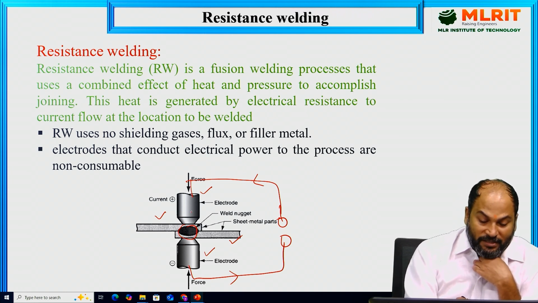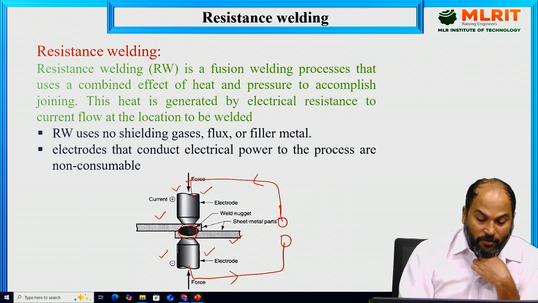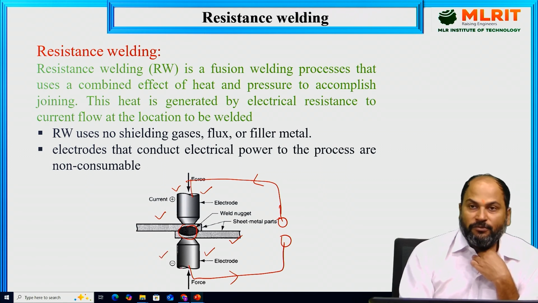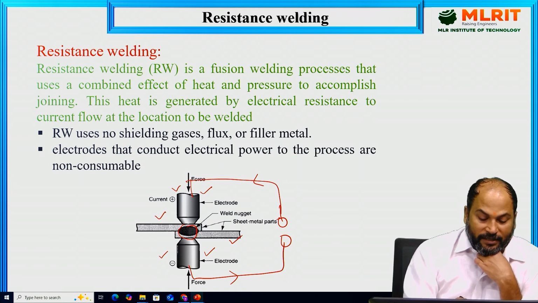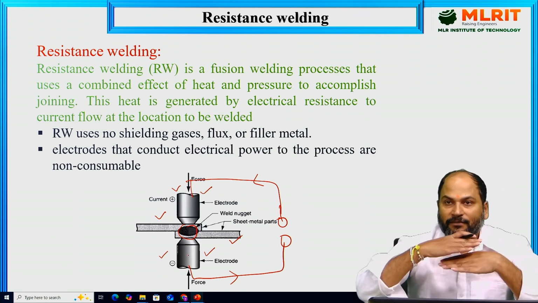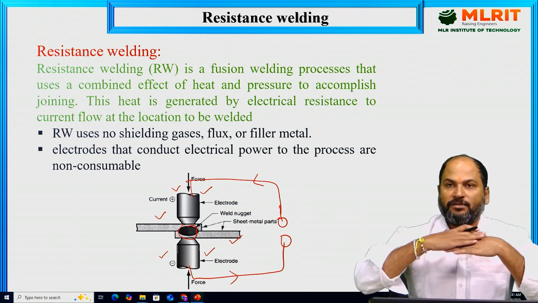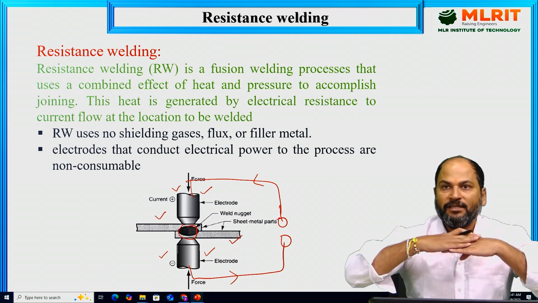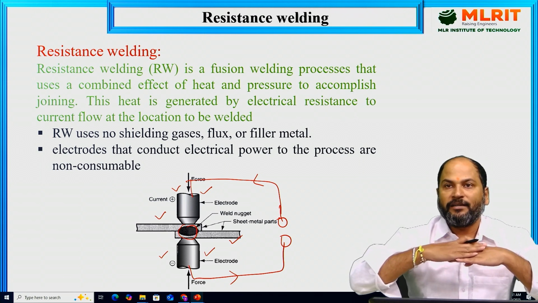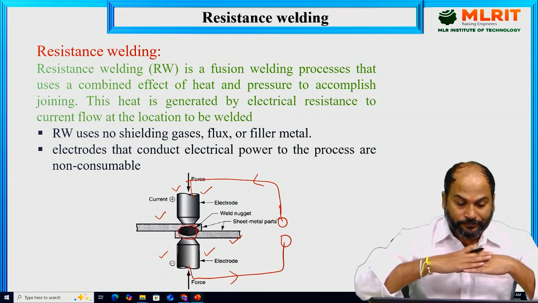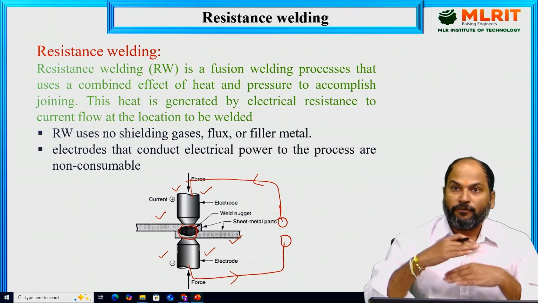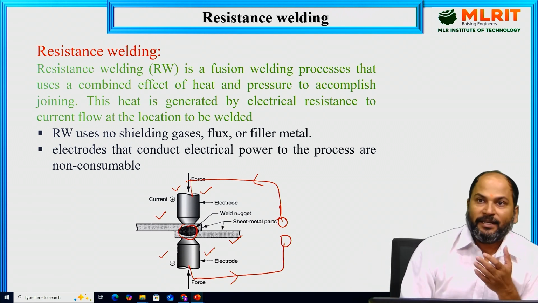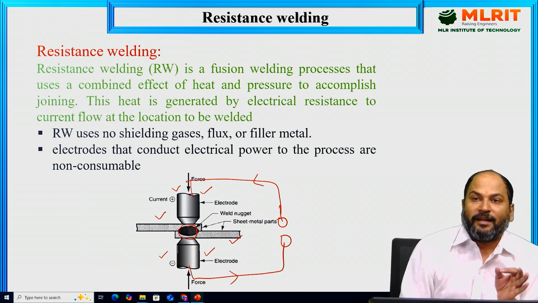Because of the resistance provided by these two electrodes, one on the top and one on the bottom, positive and negative, and the parts that we are going to weld together, which are in contact with each other, these also provide resistance to the current flow. So when current flows through this whole section, there will be resistance to the current.